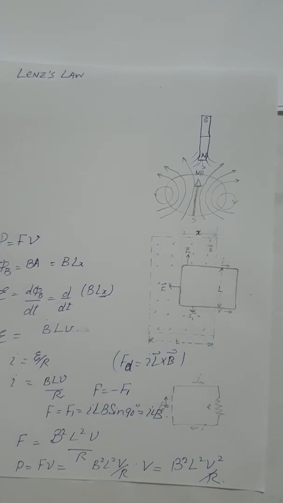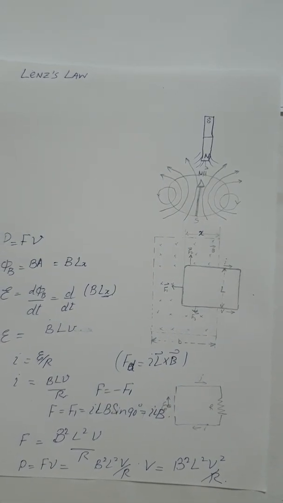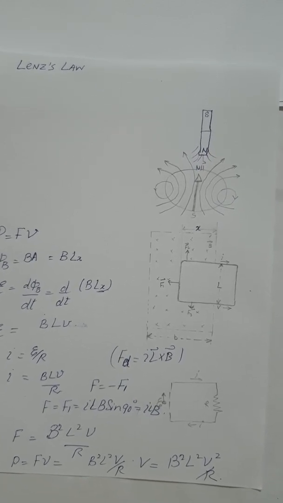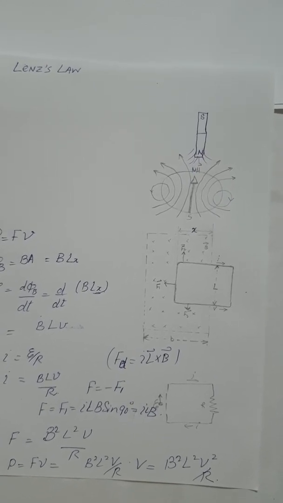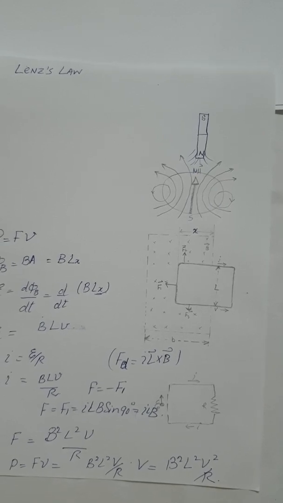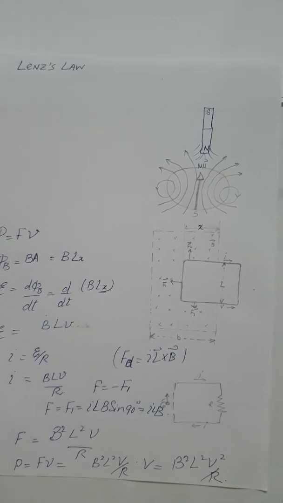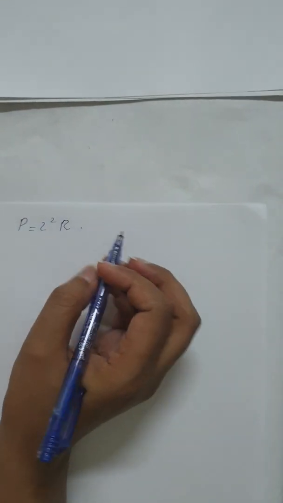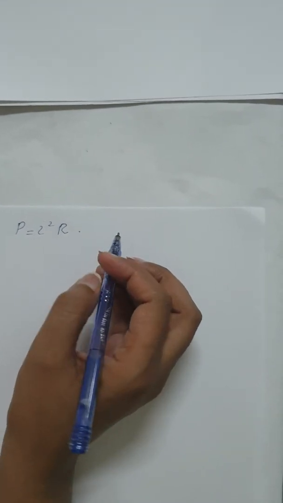So to complete our analysis, let's find the rate at which thermal energy appears in the loop when we pull it at some constant speed. For thermal energy, the power is equal to I square R. So we are just going to put the value of the current here.